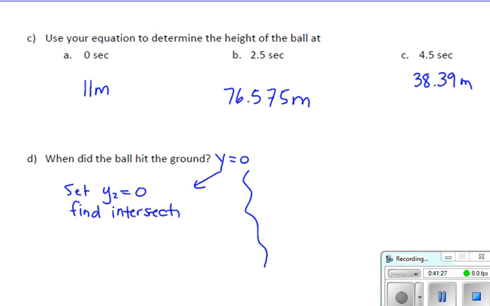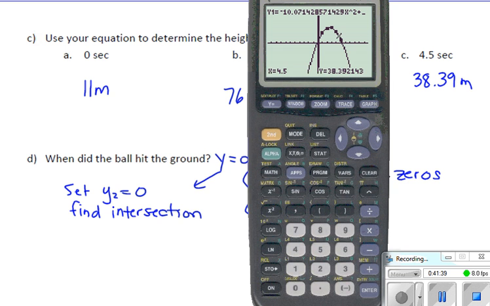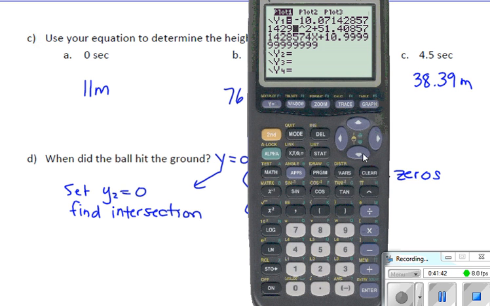The other way is you can use second trace or go into calculate, and number 2 is called the zeros. Remember the zeros, x-intercepts? Both are the same. So do the first method. So y2 is 0, graph.